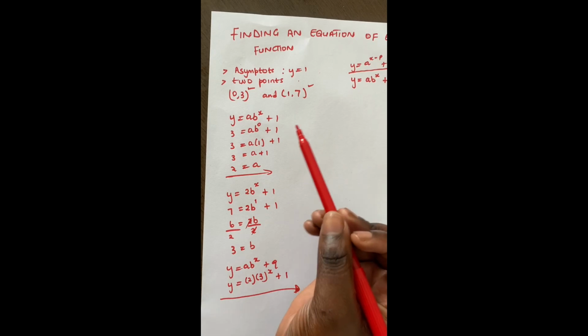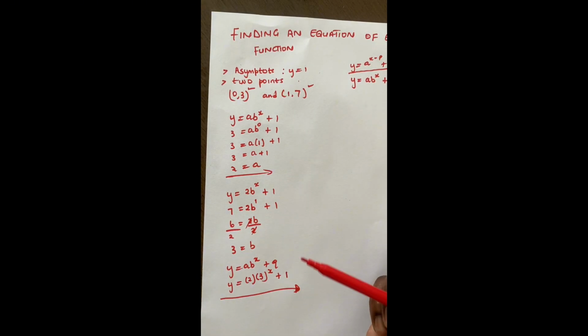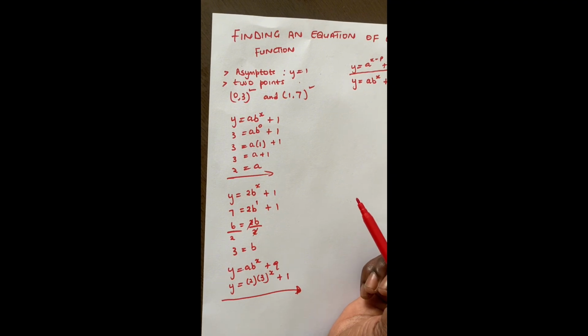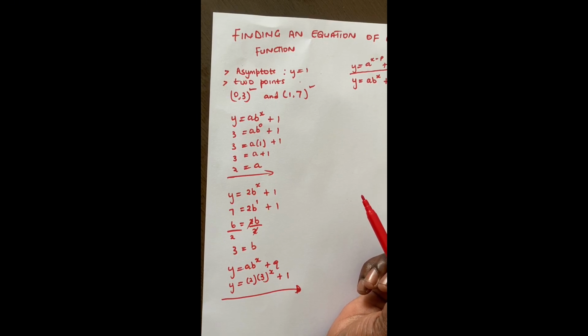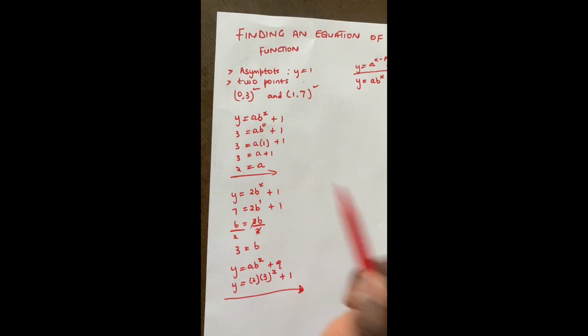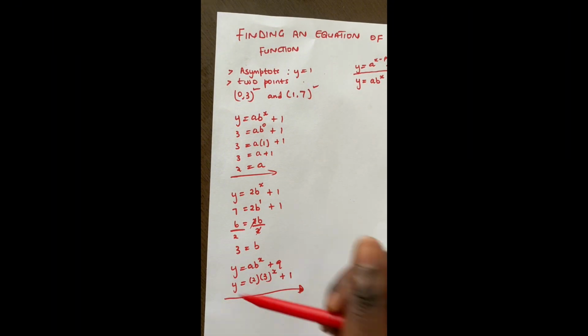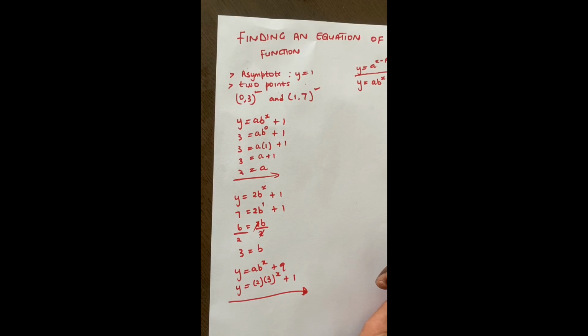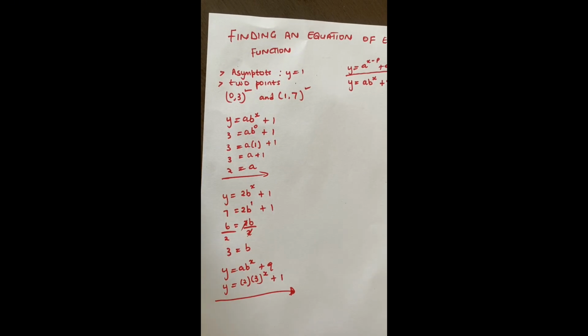Okay, and then you find the value of a first using the point that has the 0 as your x coordinate, right? Okay, and then you substitute and find the value of a, and then use the second point now. All right, and then substitute and find the value of b. That's it. It's as easy as that.